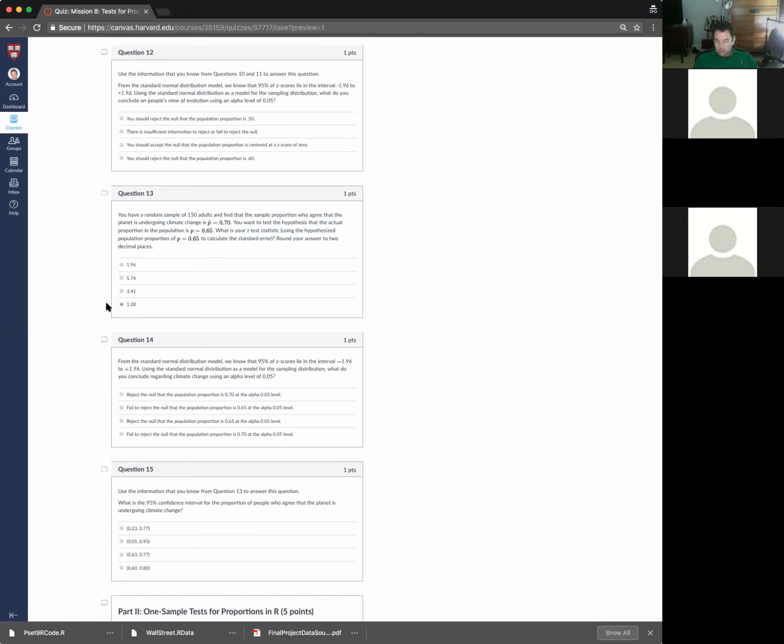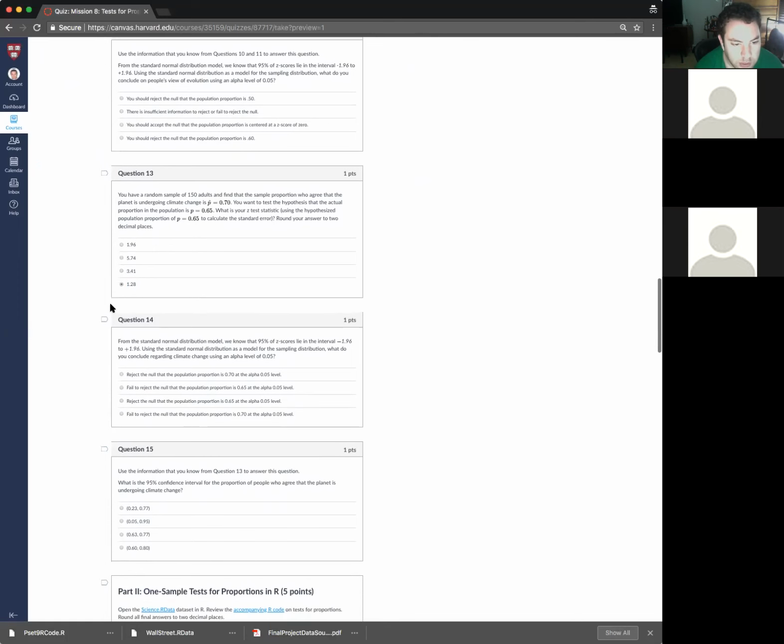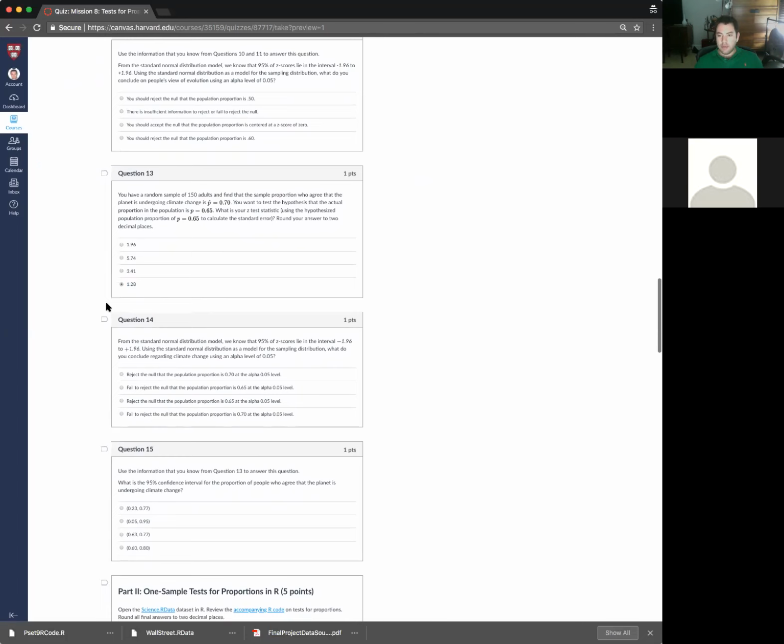That's how we do it with comparing the test statistic with the critical value. And the other method is by looking at the p-value compared to the alpha value. So if the p-value is less than the alpha value, we reject the null hypothesis.